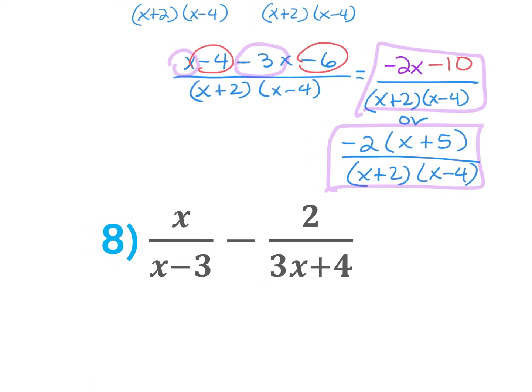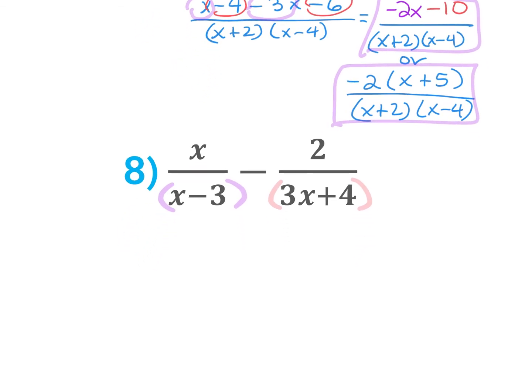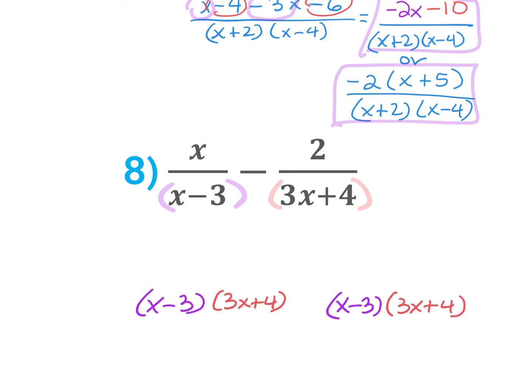Notice again, two binomials, nothing in common here. So my GCF is going to be, not my GCF, my LCD. So x minus 3 times 3x plus 4. It's going to be in the denominator for both. And now we have to see what's missing from each.